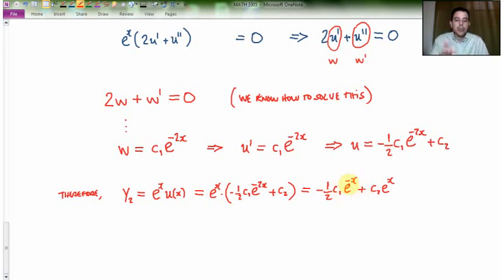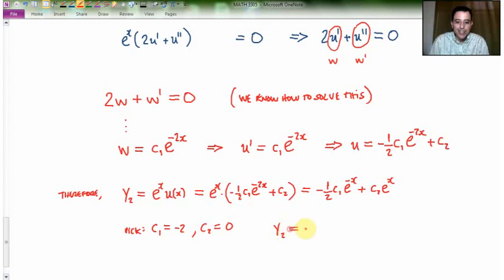Let's pick constants. There's no initial value here, so for this particular case we can pick, for example, c1 equal to -2 and c2 to be 0, just to make it a nice e^(-x).